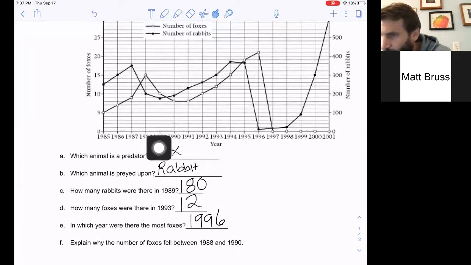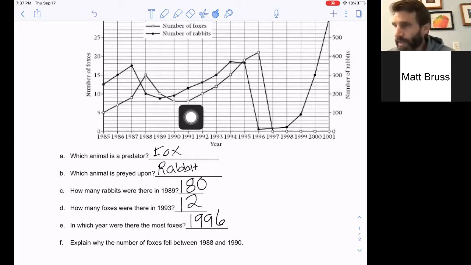All right. And explain why the numbers of foxes fell between 1988 and 1990. Okay. So between 1988 and 1990, these years here, the fox population fell. Well, we know that the fox population lags behind the trends of the rabbits.